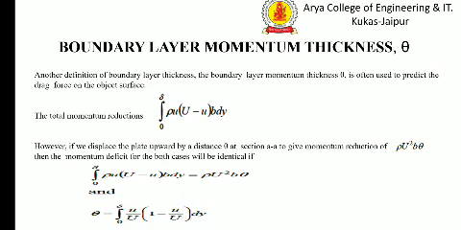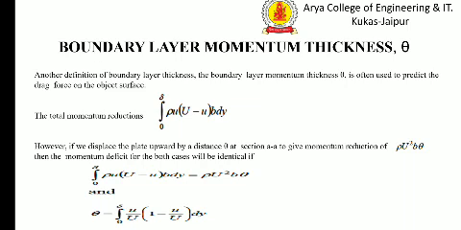Another definition of boundary layer thickness is the boundary layer momentum thickness, theta, which is often used to predict the drag force on the object surface. The total momentum reduction is given by the integration from 0 to delta of rho u times (U minus u) b dy.